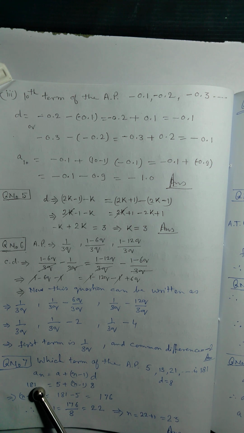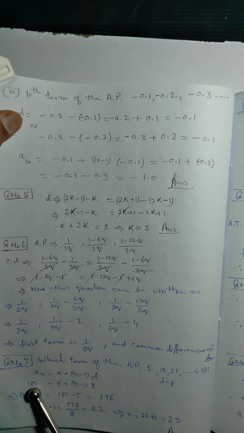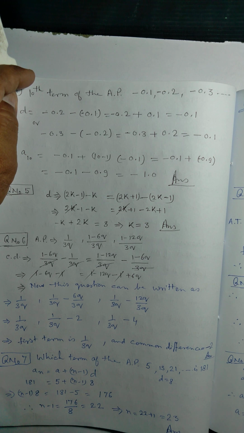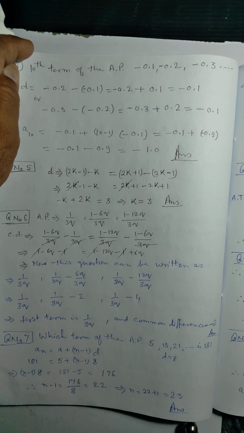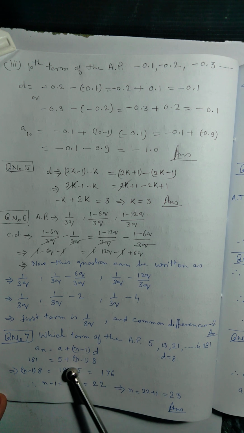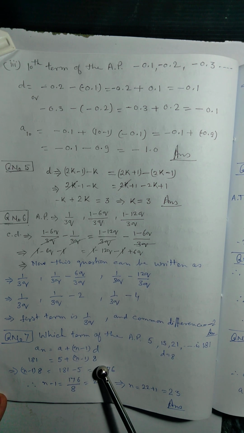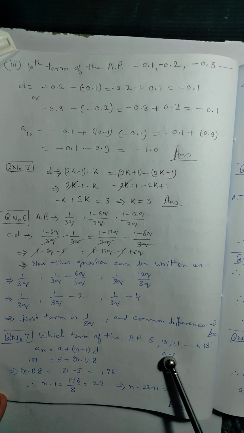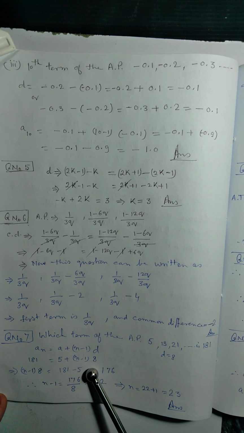So in place of the nth term, write 181 equal to 5 plus (n minus 1) into d, and d is 8.